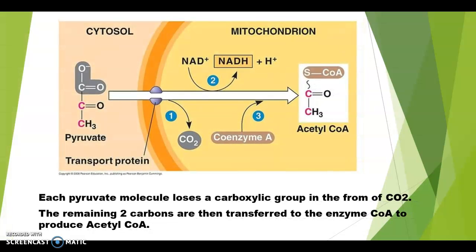So here's another photo just showing where you're going from pyruvate, where the enzyme transfers, you pick up your CO2, NAD+ turns into NADH plus H+, you add your coenzyme A, and then your result would be acetyl-CoA. Each pyruvate molecule loses a carboxyl group in the form of CO2. The remaining two carbons are then transferred to coenzyme A to produce acetyl-CoA.